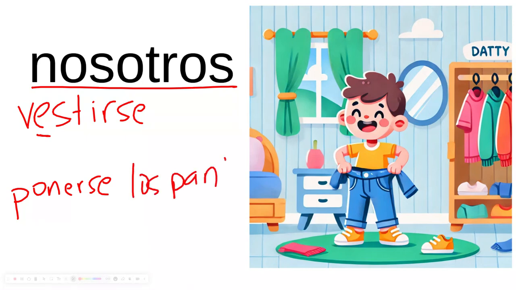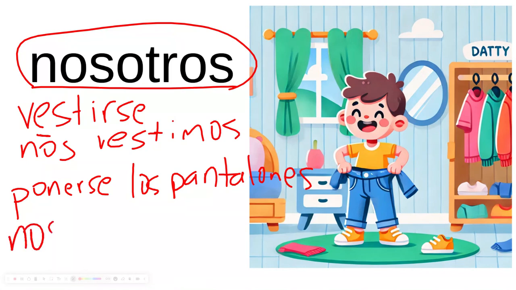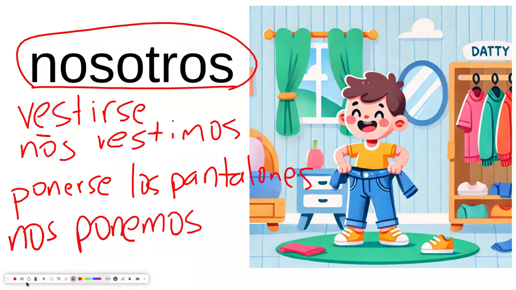All right, we'll do both. So if I want to say we get dressed, it's going to be nos vestimos. And then if I want to say we put on our pants, we're going to say nos ponemos los pantalones. Nos ponemos los pantalones.